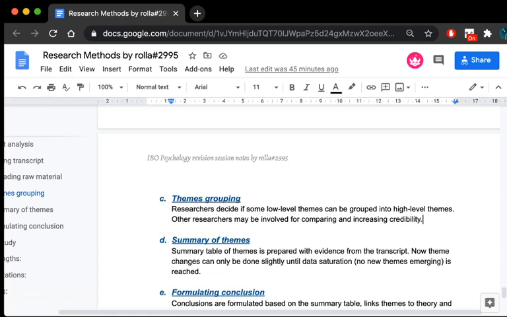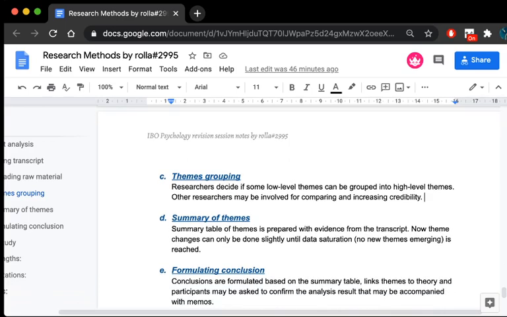They try to discuss, or they start comparing each other to see which themes can be compared, and this discussion or comparison can help increase the credibility of whether these themes are good to be compared together or not.